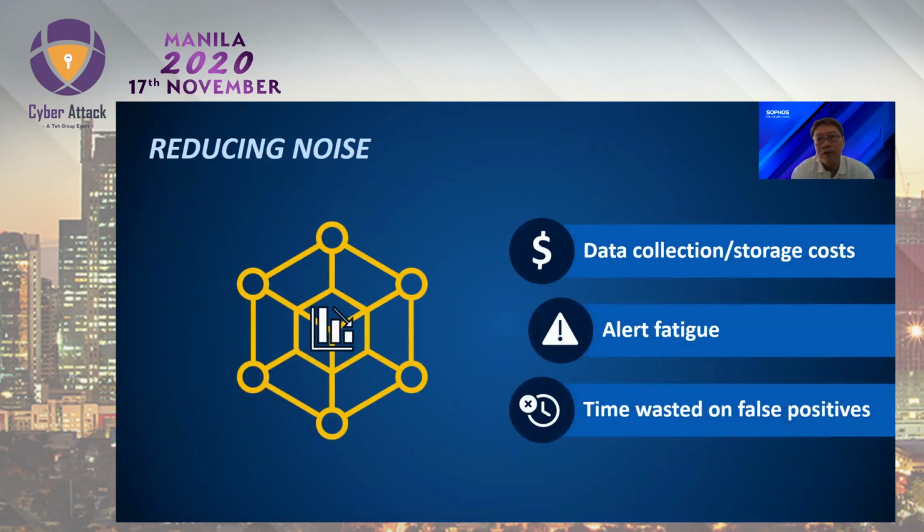So when we talk about MTR, which is managed threat response, what we are really looking at is that based on the data collection that we have seen, we can build up a picture to understand whether there is an imminent attack coming or an attack is already in progress. So having said that, the data that is going to be collected is of utmost importance.